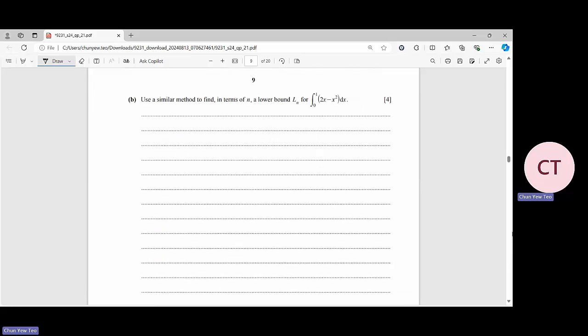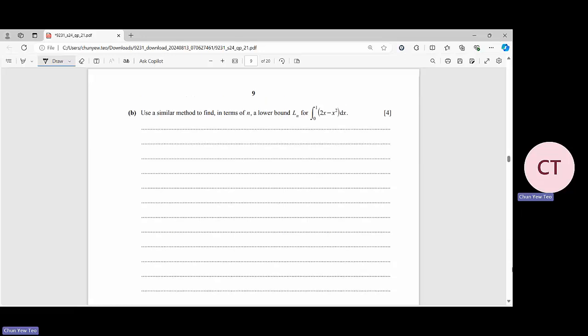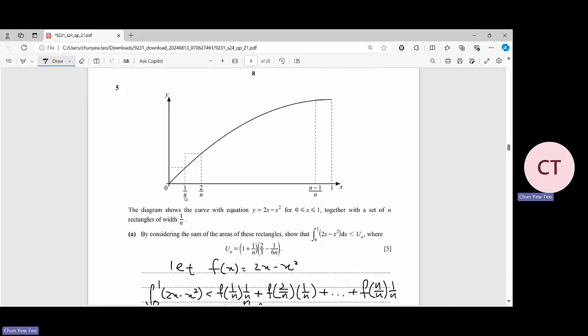So usually after you found the so-called upper bound, then the question wants you to use a similar method again to find the lower bound. So just now for the upper bound, the area of the rectangle is greater. Now this time you need to choose a lower rectangle. I need to choose this rectangle, this rectangle, until the last one is here.